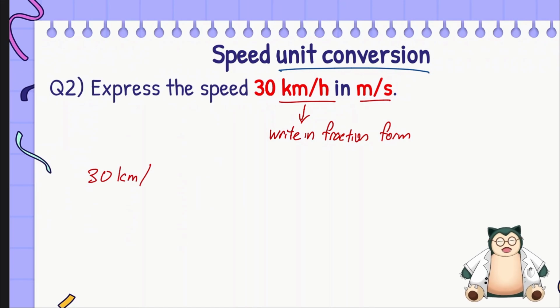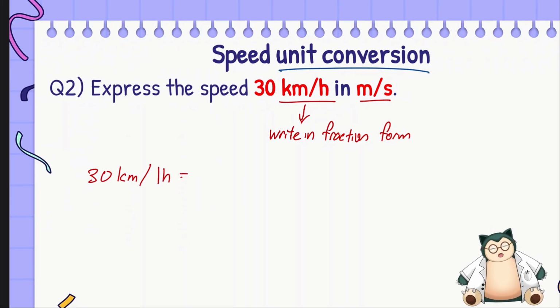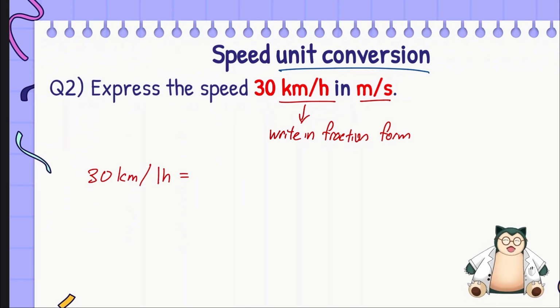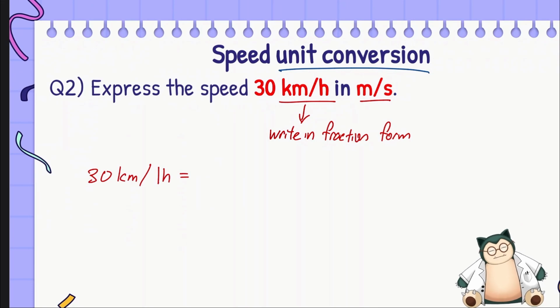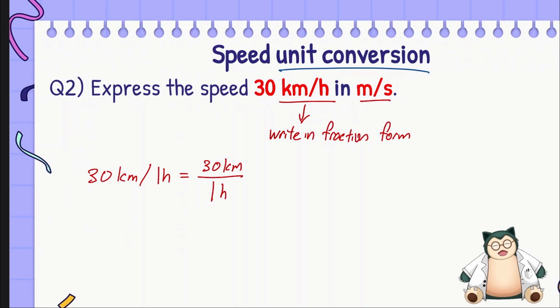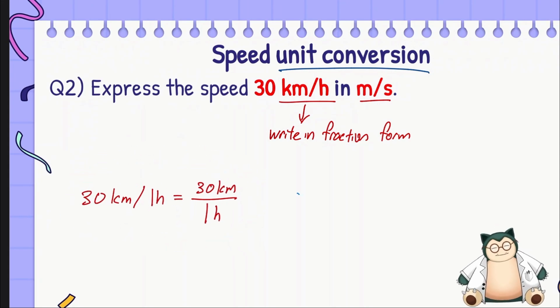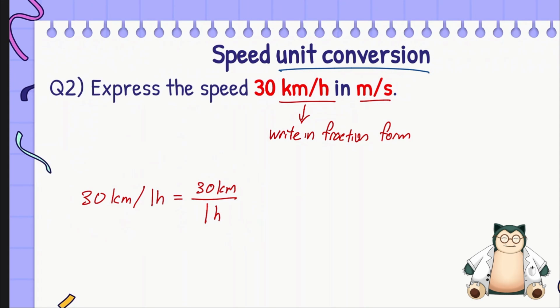It means you're traveling 30 km every 1 hour. And how do you write this as a fraction? The slash sign is simply the line in your fraction. So we have 30 km in 1 hour. Agreed?